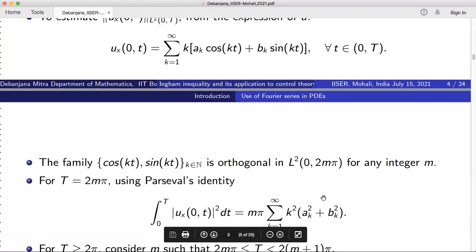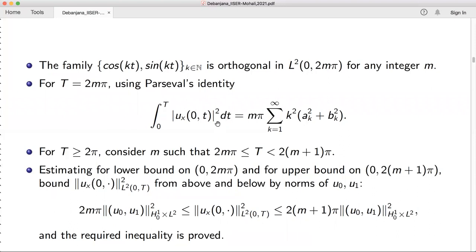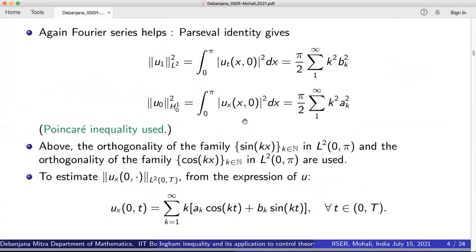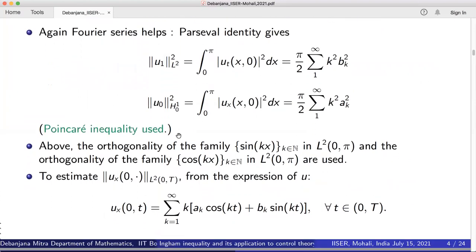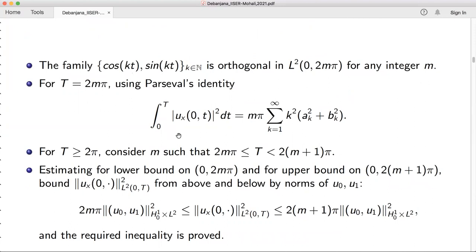Using that again, due to the Parseval identity, this identity holds. As soon as we have this and we compare it with the above two identities we obtained for u1 and u0, we ultimately get the required inequality we are looking for when T is equal to 2m pi, where m is an integer.